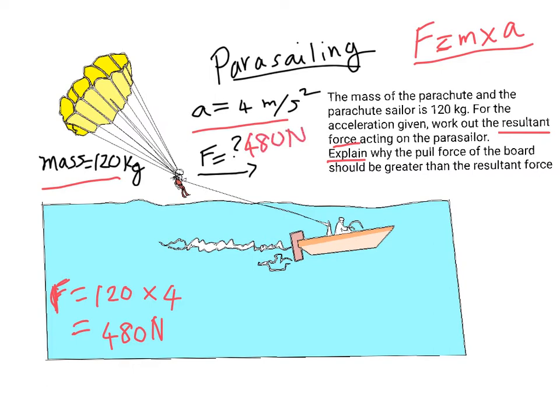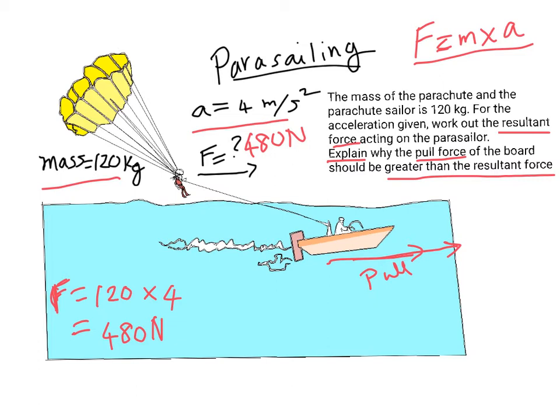Now the pull force provided by the boat, as it's given here, should be greater than the resultant force. So here is a pull. Okay, and I'm going to draw a bigger arrow because this is the pull force of the boat on the person. Why should this be greater than the resultant force? It is because if you go back to the resultant forces, it is the sum of all the forces that are acting.